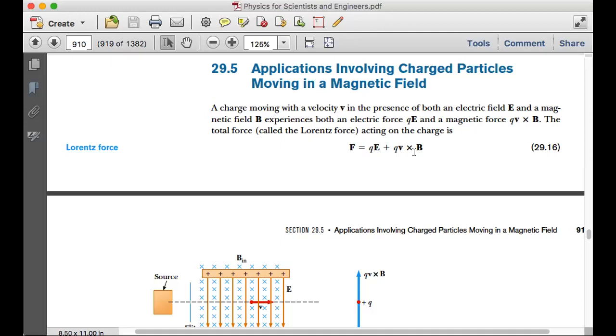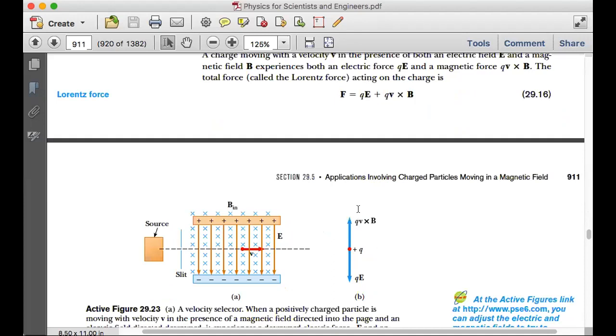So if we have Newton's first law of motion, then the net force exerted on a particle equals 0. It means that the magnetic force and the electric force are opposite to each other, like in this picture.